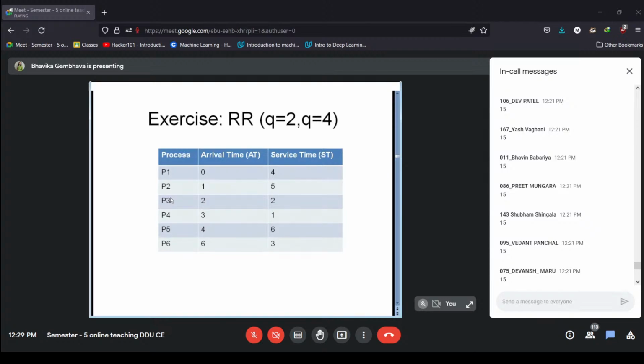No, it isn't. Can you correct it, please? For the first 3 time quanta, which processes will be executed? P1, P2, and then P3 or P1 again?